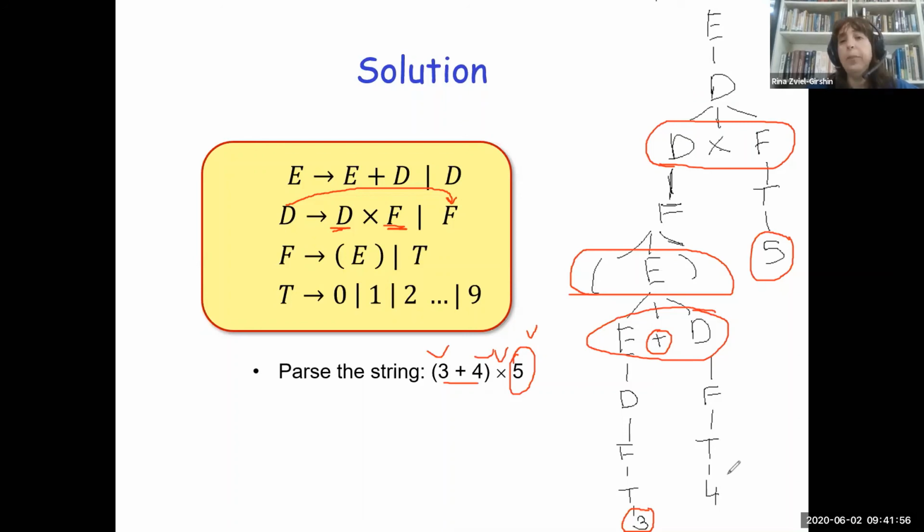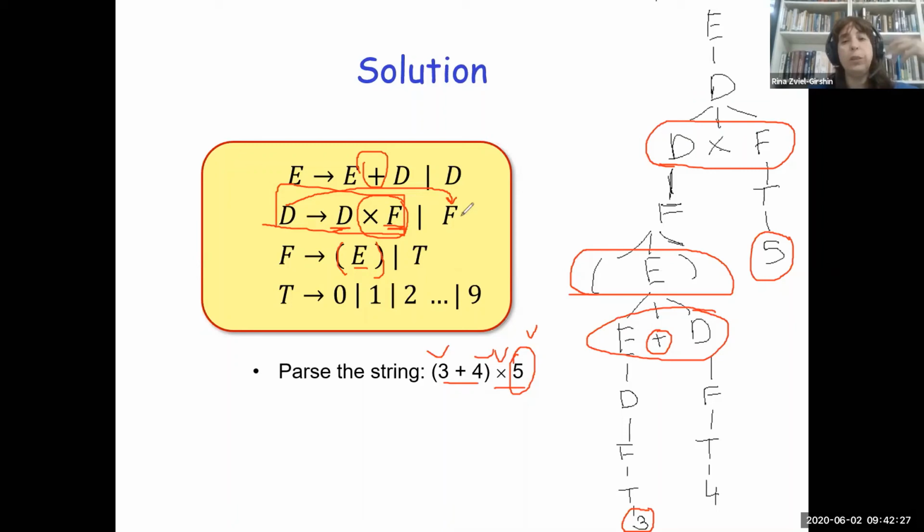But basically, the idea was not to use plus as the first sign, but to use multiplication, because if I use brackets E, then everything will be in brackets, but I have multiplication by 5. So multiplication should be before brackets.